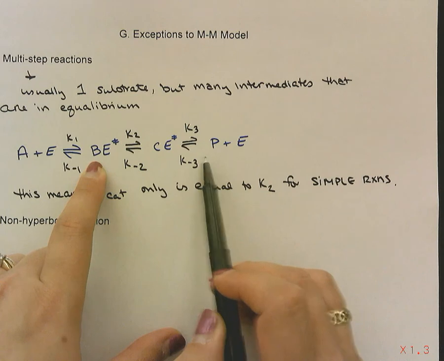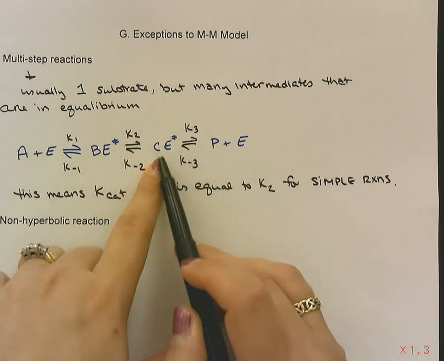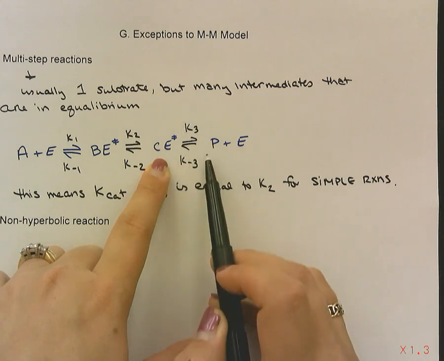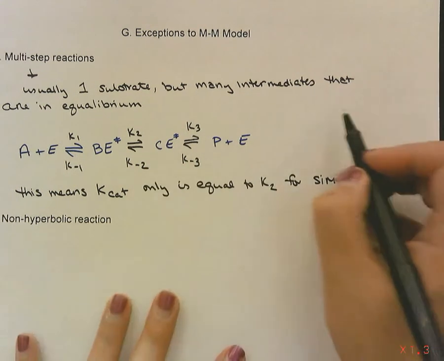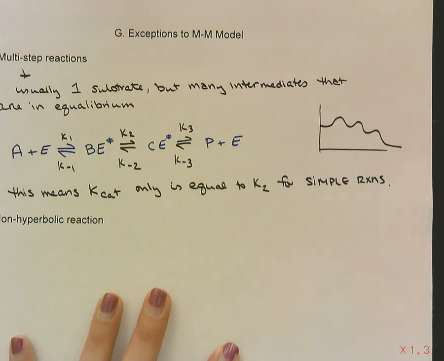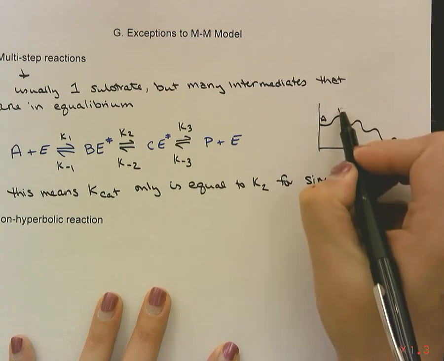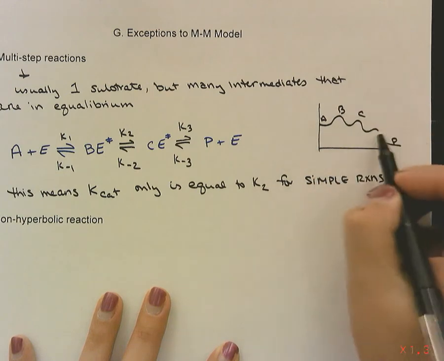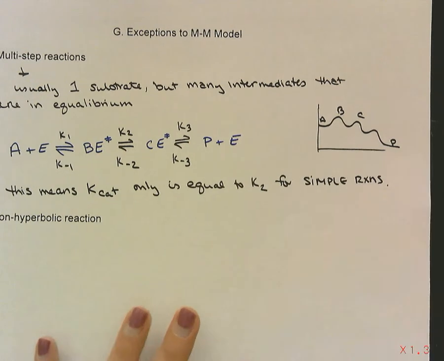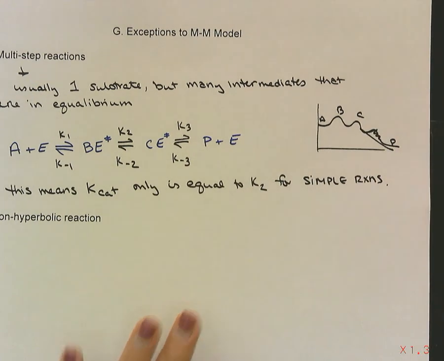So then B goes through another semi-reaction to get to step C, which then goes through another equilibrium step to get to E. So if this is my A, that's my P, I have to go through B, C. I draw too many lumps, but one too many. Yeah, there we go.